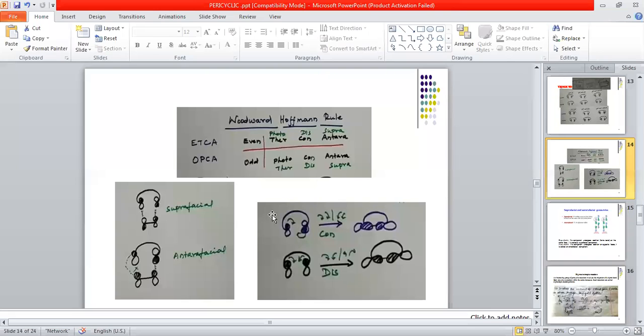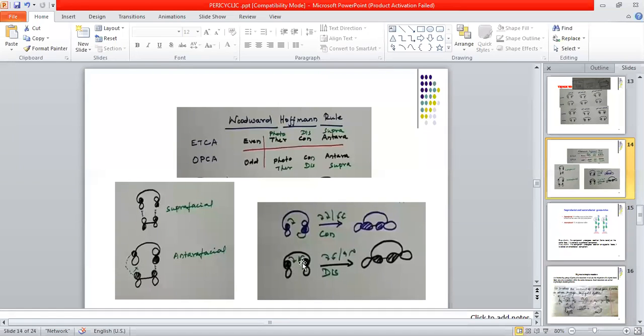They will just rotate like this. So here both lobes are matching. It means these both lobes will make a new sigma bond, and because their rotation is in the same direction, this is called con rotation.